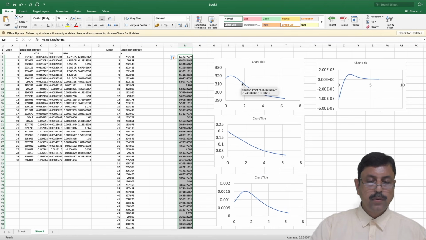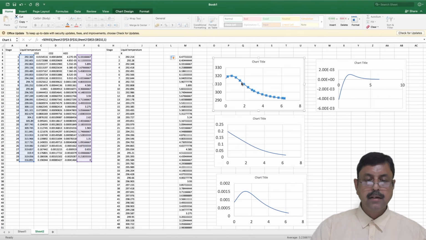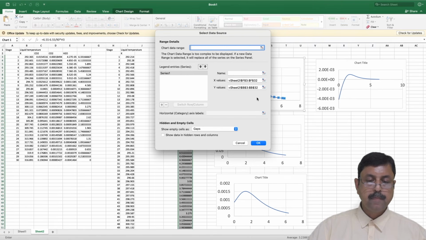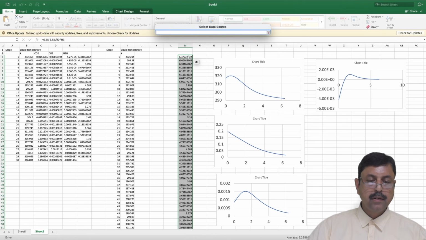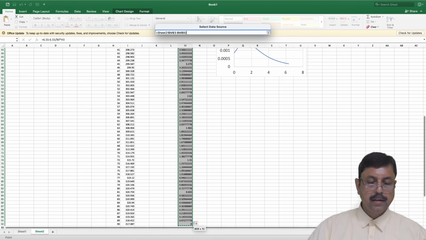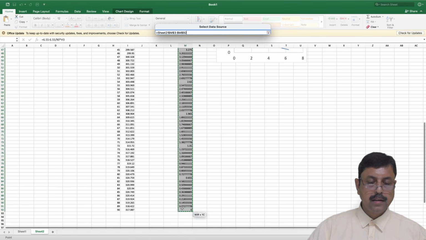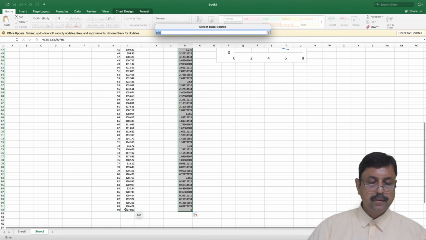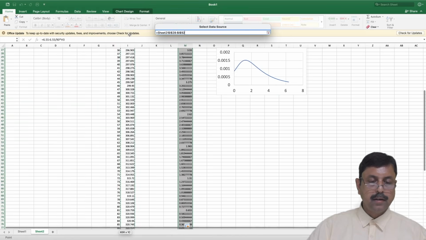So we shall add one more plot over here. So for us, this is the x-axis and y-axis is this one.